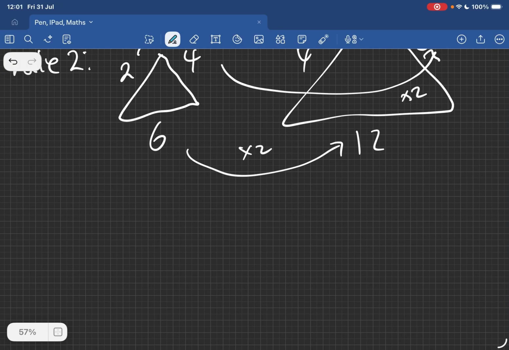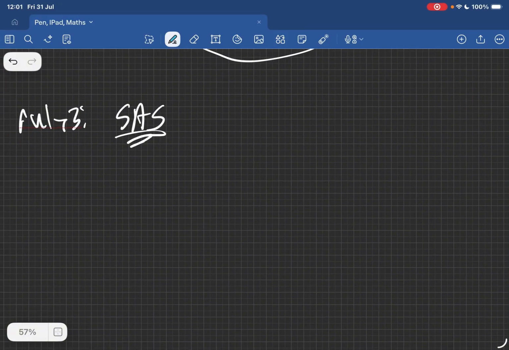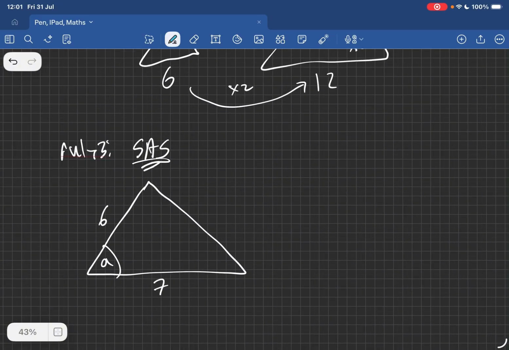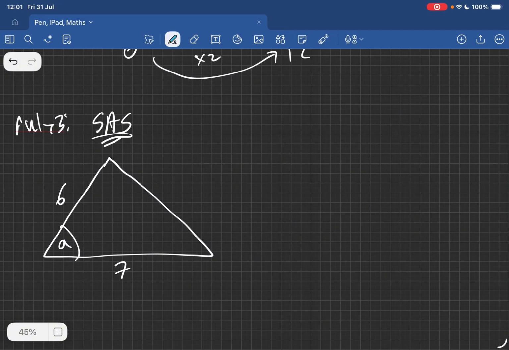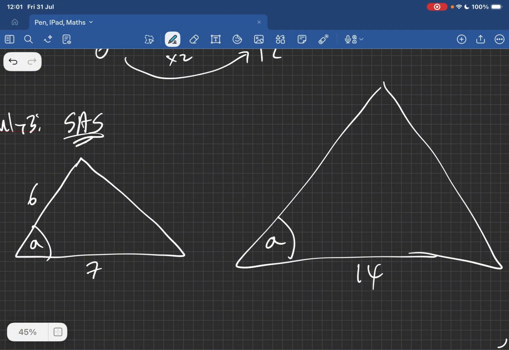Rule 3 is this sandwich kind of rule. Like side, angle, side in our congruent shapes, this is very similar. So if we have two shapes, and they share the same angle, and then their sides have the scale factor.